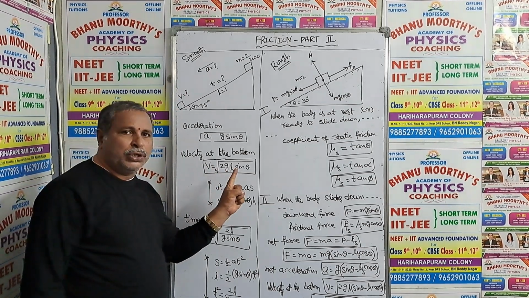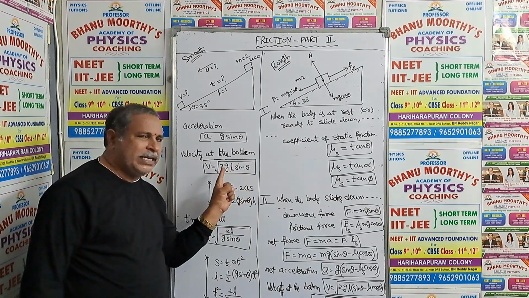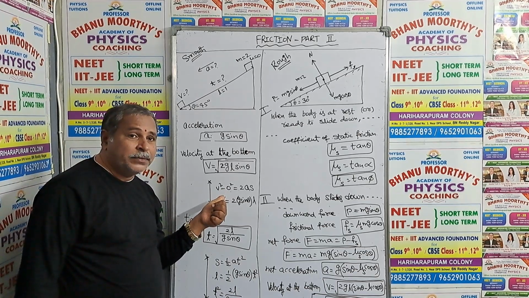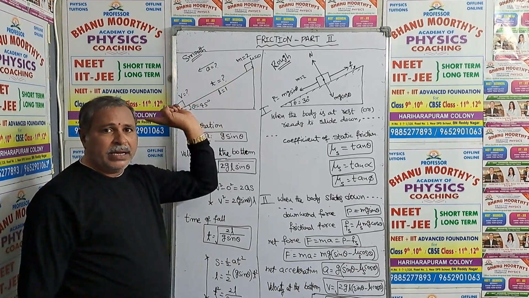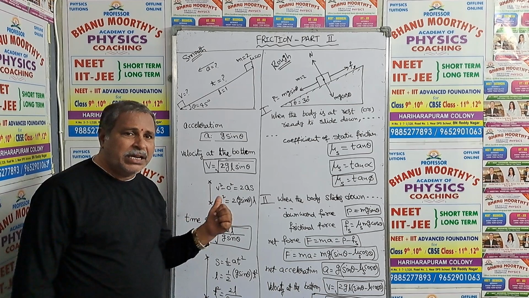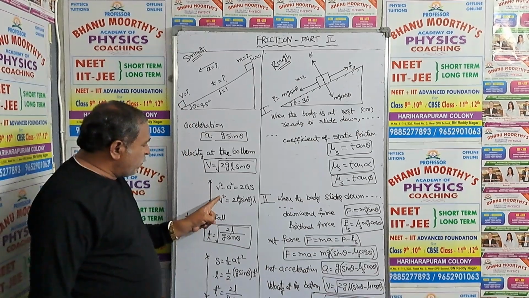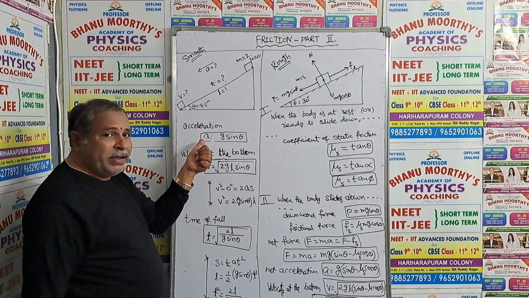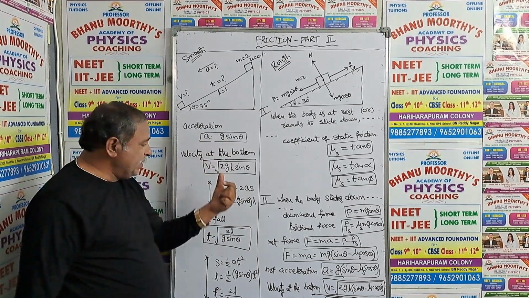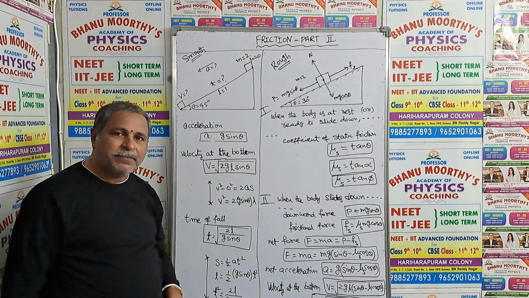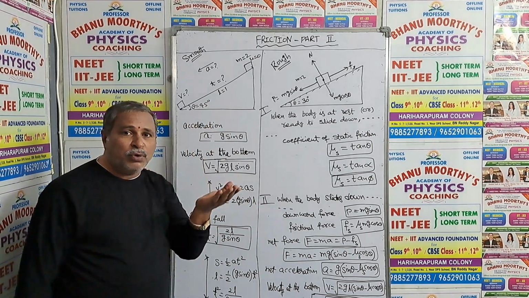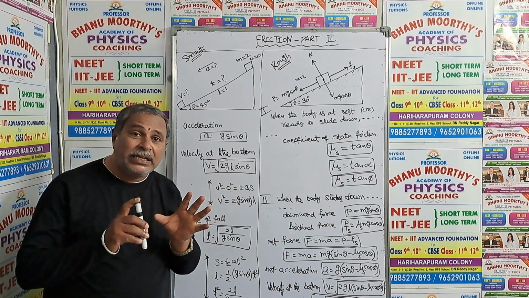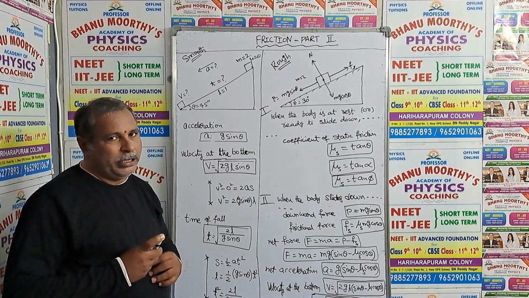It is v equals under root of 2 g L sin theta. How do we get this? We apply the third equation of motion: v square minus u square equals 2as. So v square minus 0 square equals 2 into a, and the acceleration is g sin theta, which you can substitute here. Substitute the value of L, which is 1 meter. This is the information about the velocity at the bottom end of the smooth inclined surface.